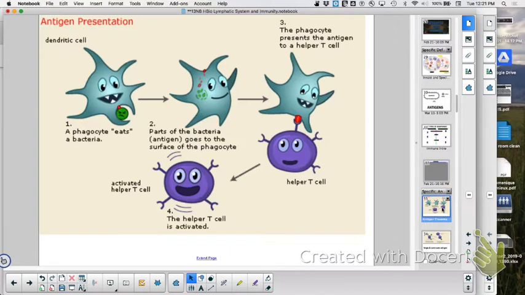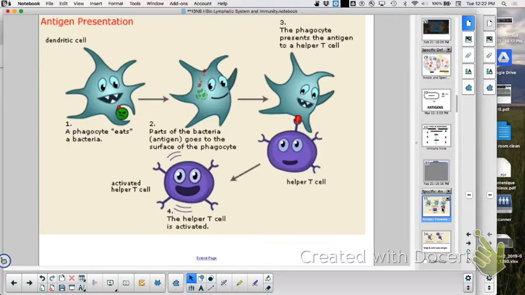So here, it's showing this to this virgin T cell who says, I recognize that. He is now activated. Now, a B cell doesn't have to have it presented to it. Now, as long as we're talking about presentation, how will this phagocytic cell, this dendritic cell, share this? Will you share it on an MHC1 or an MHC2? MHC2, and I will help you.